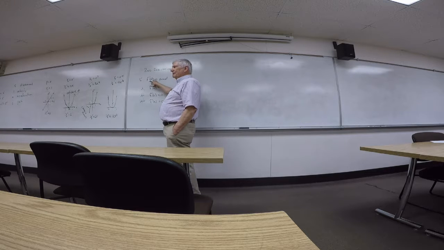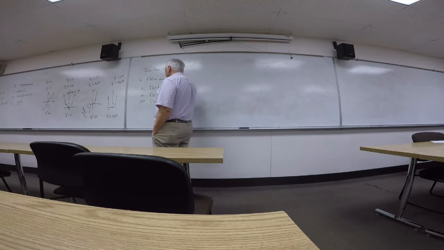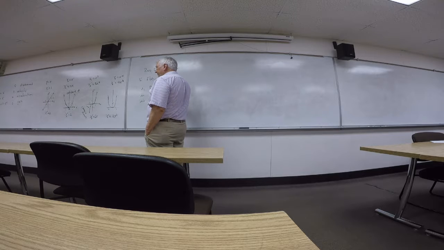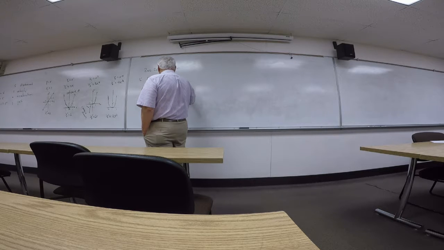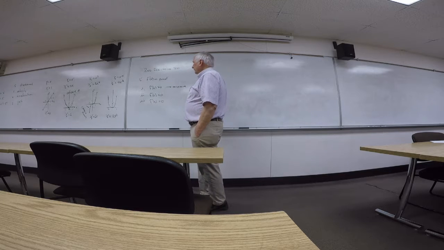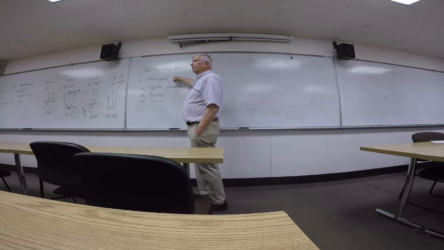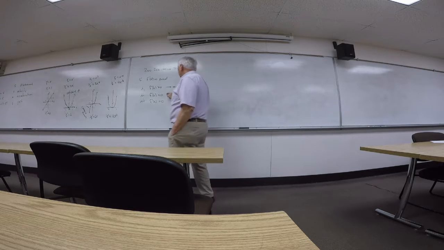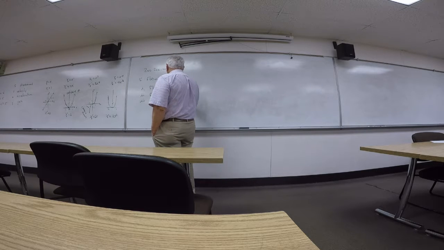If the first derivative is 0 at some point, and the second derivative is positive, as with a parabola, then this implies that we have a minimum. If the first derivative is 0 but the second derivative is negative, meaning it's concave down, that implies we have a maximum.